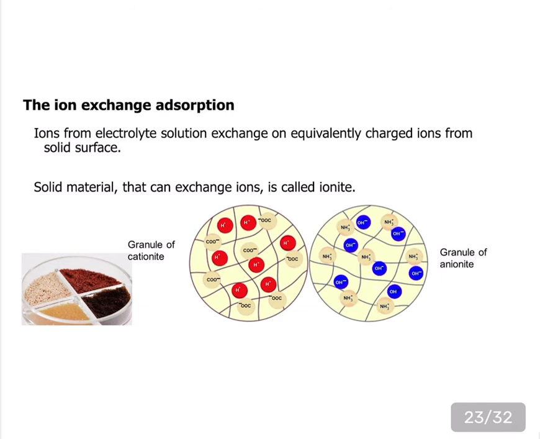Cationite contains positively charged particles that can be exchanged. Anionite contains negatively charged particles that can be exchanged for ions from solution.